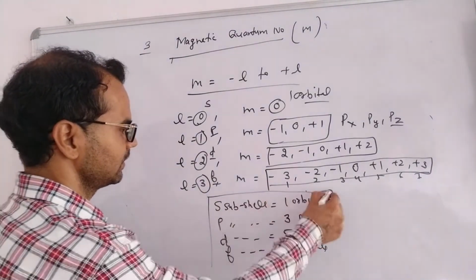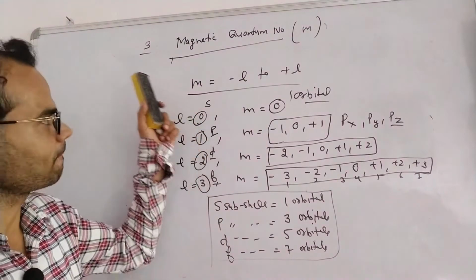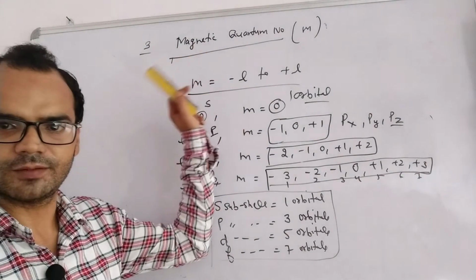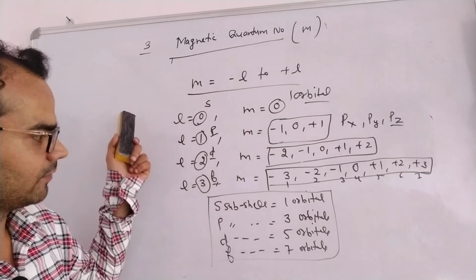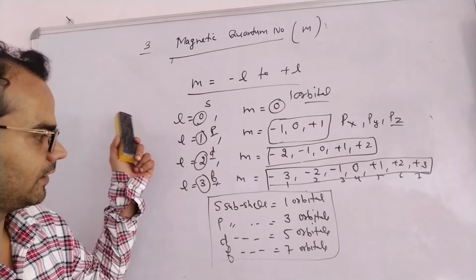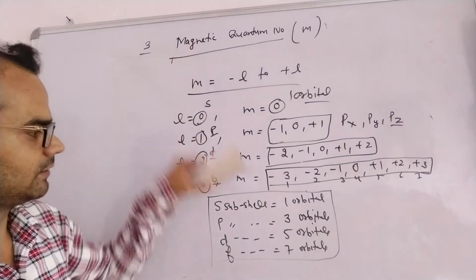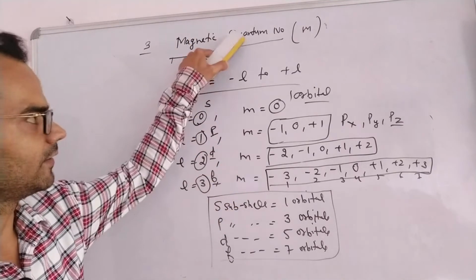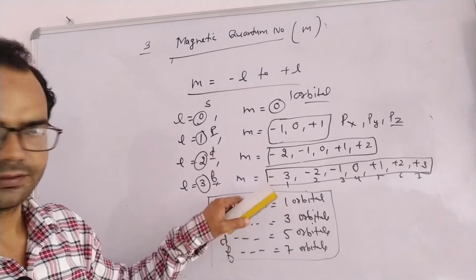This is the basic conclusion obtained from the magnetic quantum number. Clear? From n, the principal quantum number, we obtain the shell number, from the azimuthal quantum number l we obtain the subshell, and from the magnetic quantum number we obtain the orbitals. Easy.